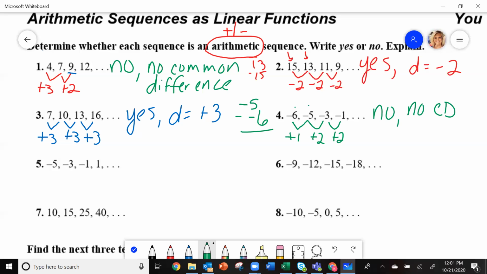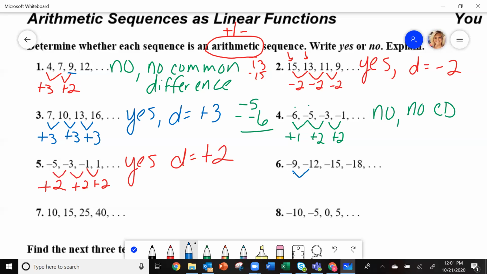Okay, so on the next one, right here, I'm adding 2, adding 2, adding 2. So yes, this is an arithmetic sequence. Our D equals +2. Number 6. How are we getting from -9 to -12?